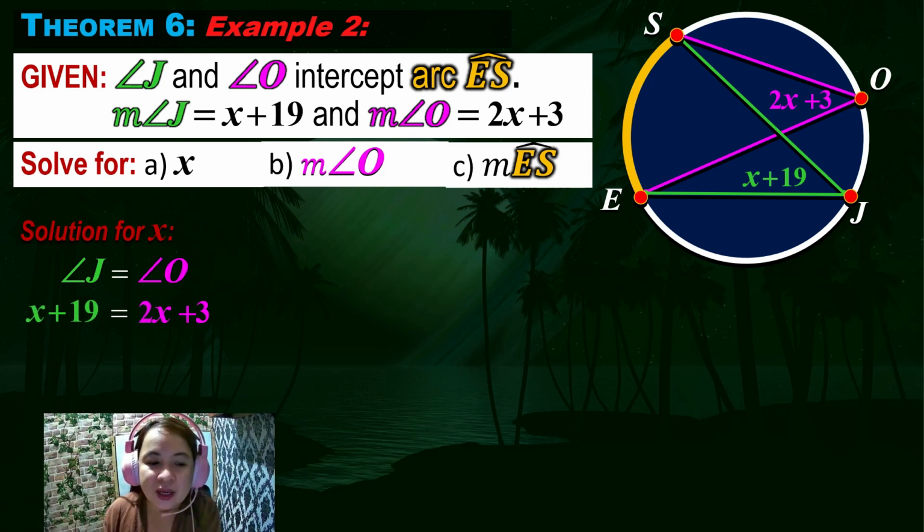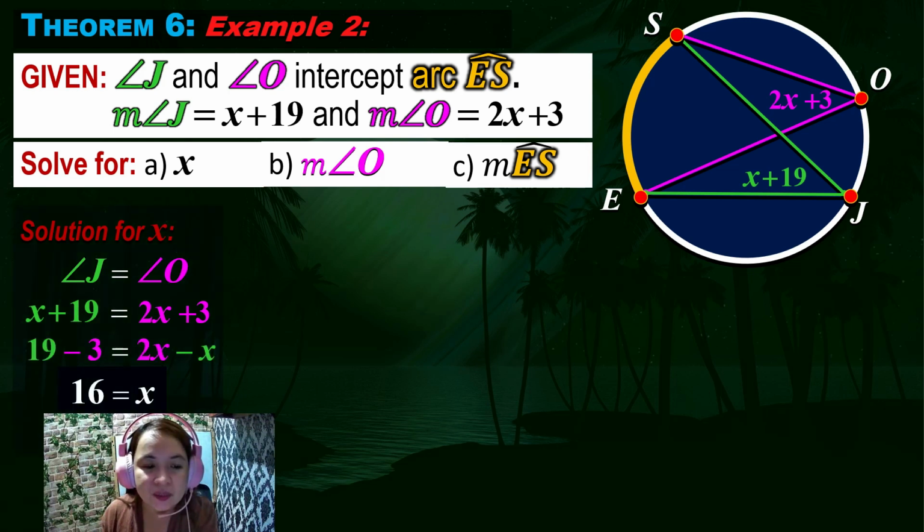Ang angle J ay equal sa angle O. Therefore, x plus 19 is equal to 2x plus 3. Using addition property of equality, we have 19 minus 3, then 2x minus x. So, 2x minus x is equal to x, and 19 minus 3 is equal to 16. So, ibig sabihin, ang value ng x natin ay 16.